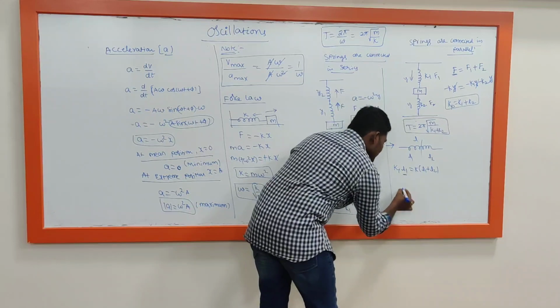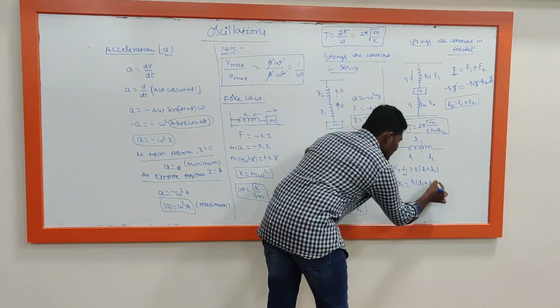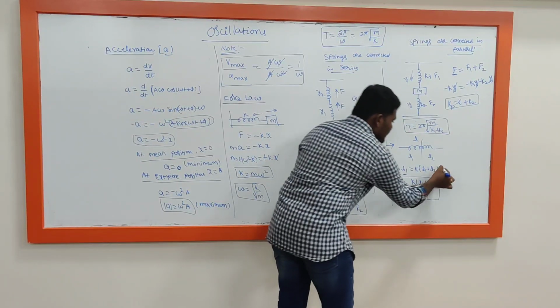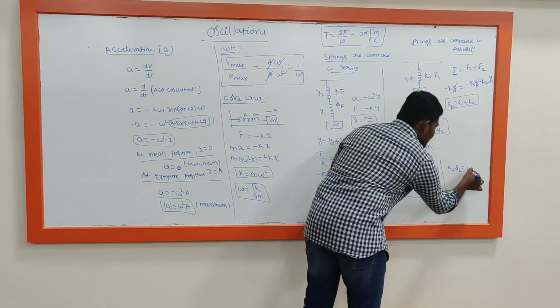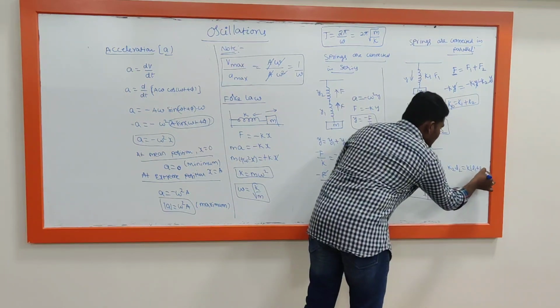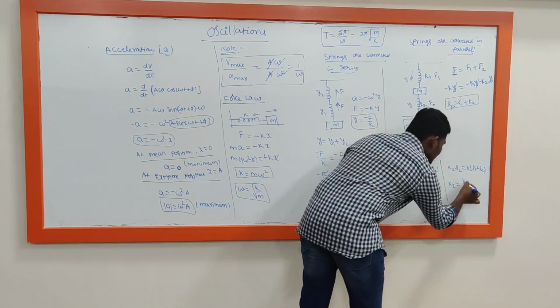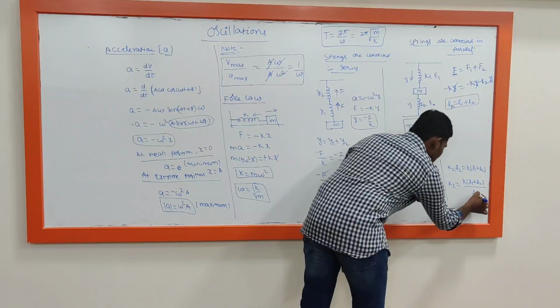Then you can find the force constant K1 equal to K into L1 plus L2 divided by L1. Then similarly you can find K2 also, for the second part. K2 L2 equals K into L1 plus L2. So you can write K2 equal to K into L1 plus L2 divided by L2.